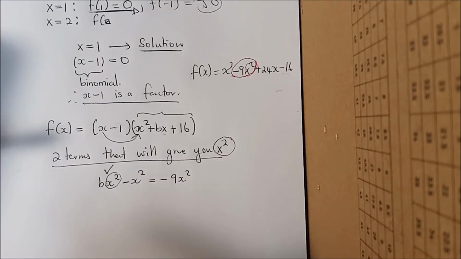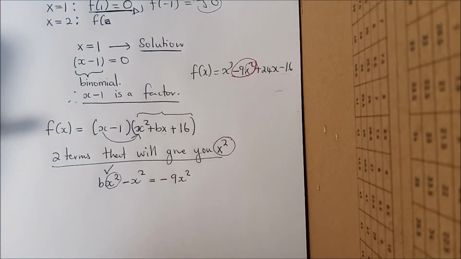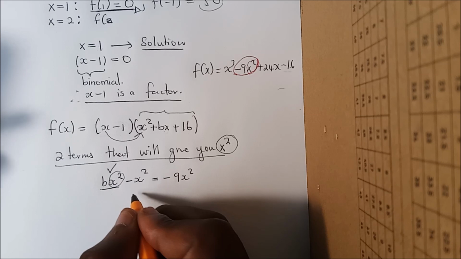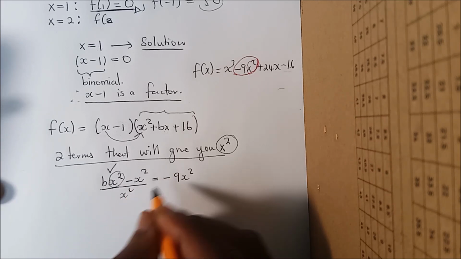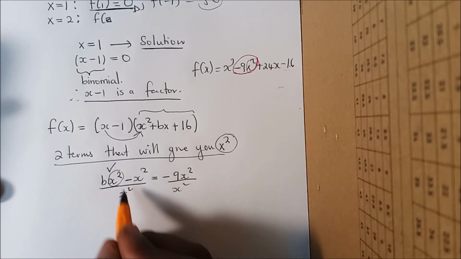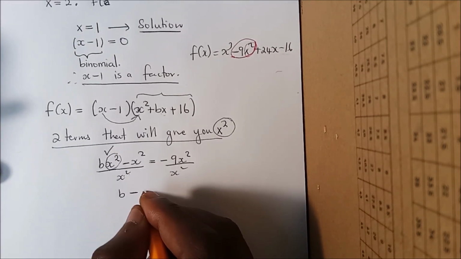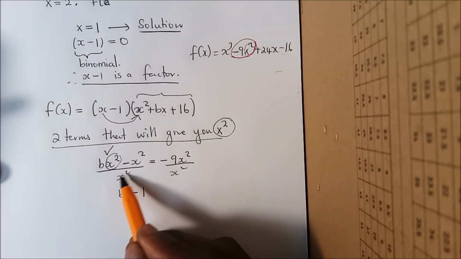So now what I want you to do is get rid of the x squared. You can factorize by x squared and then divide by it, or if you know the procedure, you divide everything by x squared. So bx squared divided by x squared, you will have b minus 1, because x squared divided by x squared is 1.